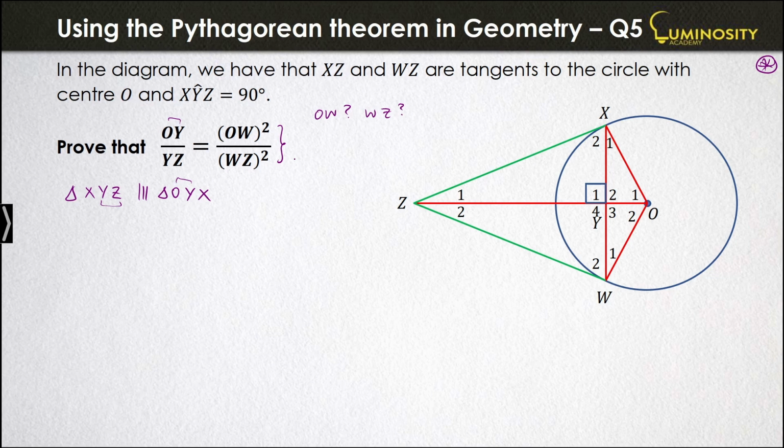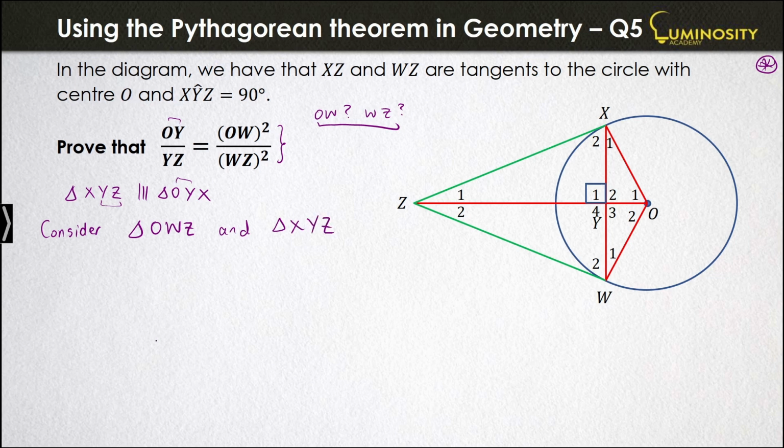Okay, so what am I going to show is similar? I'm just going to show one of the triangles is similar to the other ones, because by the transitive property of similarity, if A is similar to B and B is similar to C, then A is similar to C as well. So I'm going to consider triangle OWZ, and let's consider triangle XYZ.